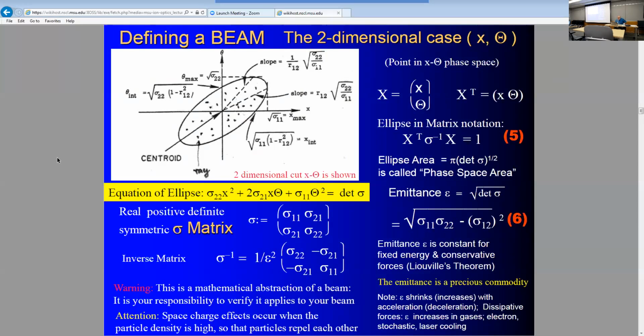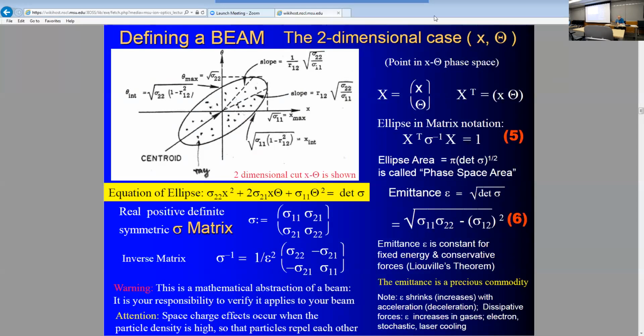If you plot here in the two-dimensional subspace, so just look at the horizontal space x, theta, and this theta is the A of Volnik and the parameter 2 in the transport notation, okay?